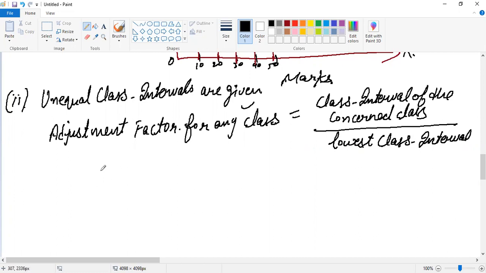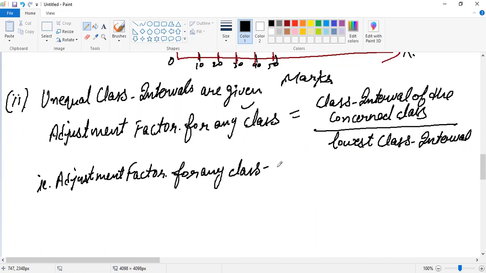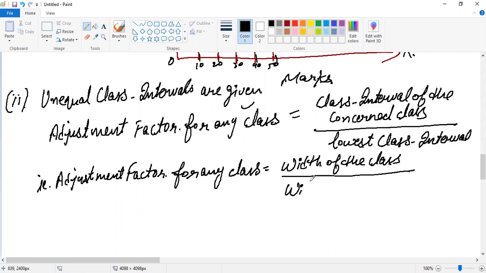So the adjustment factor for any class is equal to the width of the class divided by the width of the lowest class.